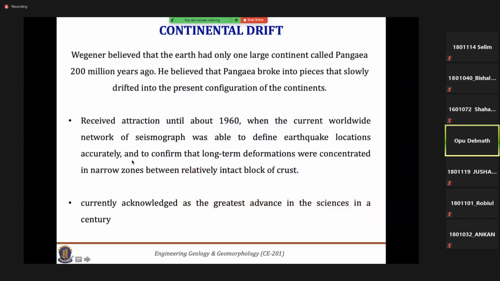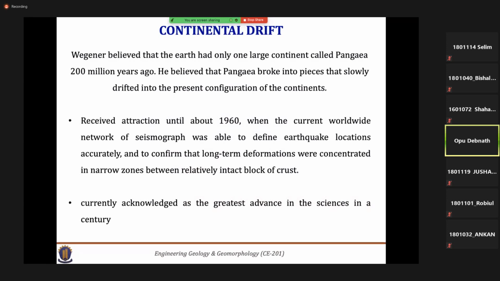The next term we discuss is continental drift. Continental drift is based on a theory by Wegener, a scientist who believed that the Earth had only one large continent in the past, and then around 200 million years ago, this plate broke, just like a ceramic plate.